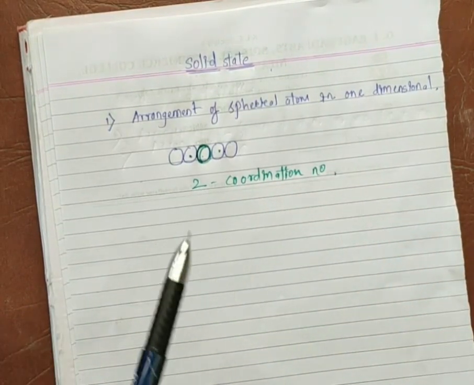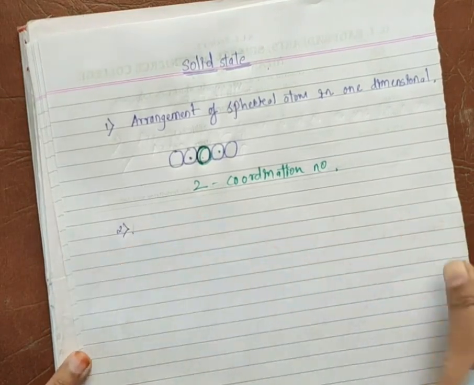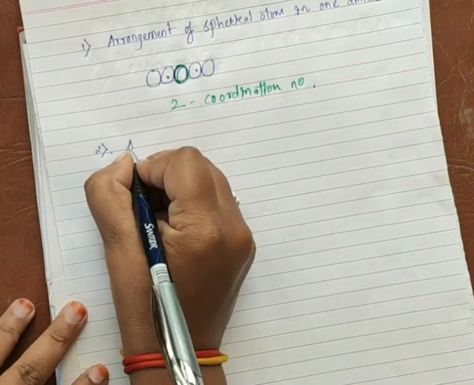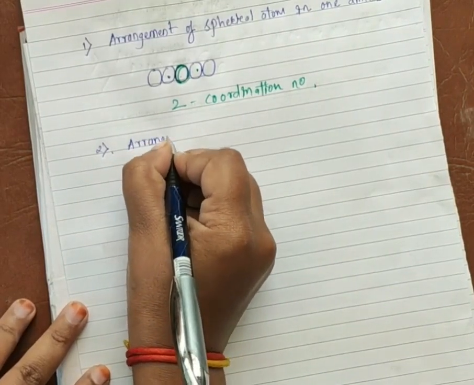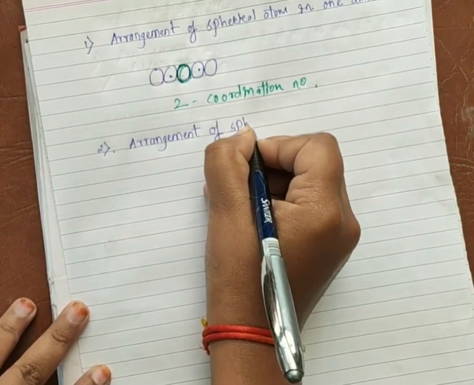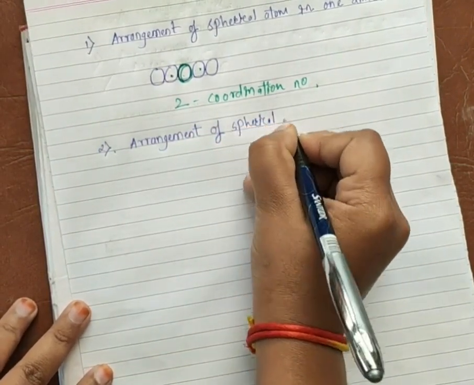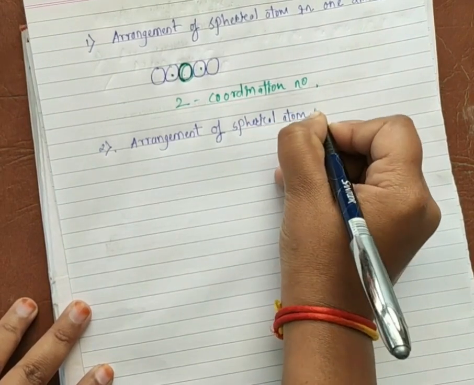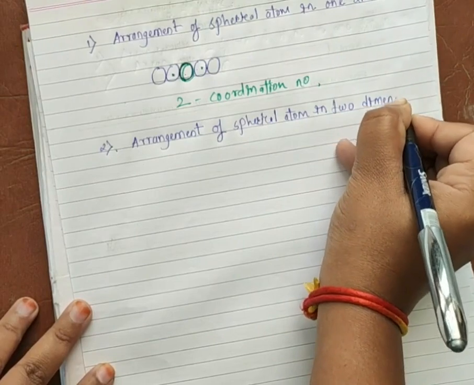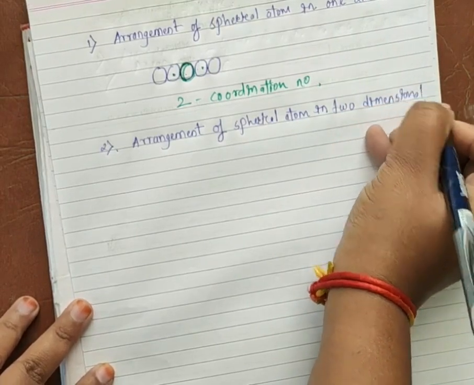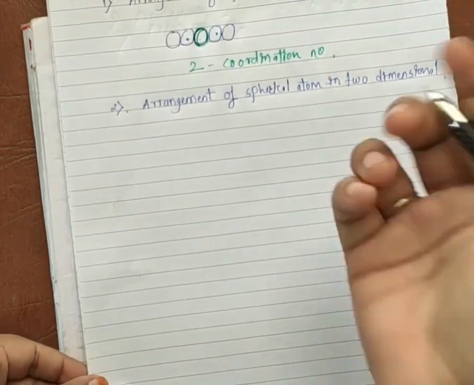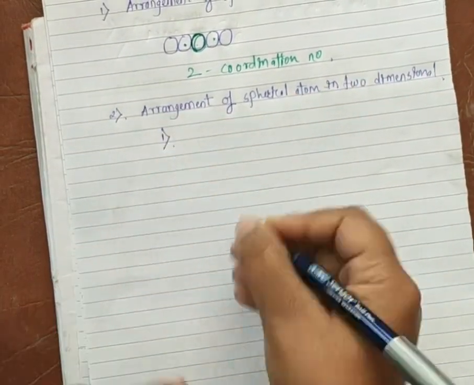After that I explained the arrangement of spherical atoms in two dimensions. The second is the arrangement of spherical atoms in two dimensions. Here we got two types.